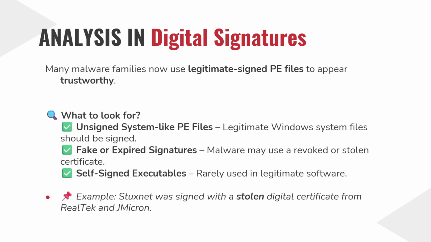By being vigilant and knowing what to look for, such as unsigned system-like files, fake or expired signatures, or self-signed executables, you can significantly improve your ability to identify malicious files. Remember, digital signature analysis is just one of the many techniques in your malware analysis toolkit, but when combined with other methods it can be incredibly powerful in identifying threats.